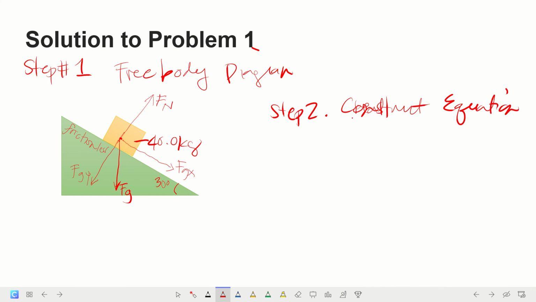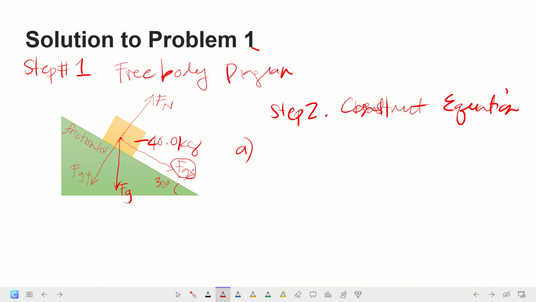So let's go to our problem. Letter A: we need to construct an equation to solve for the force that is causing the block to accelerate. We said that the force causing the block to accelerate down an inclined plane is the parallel component of the force due to gravity.